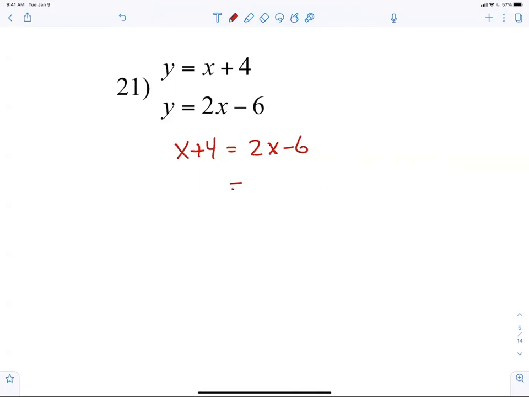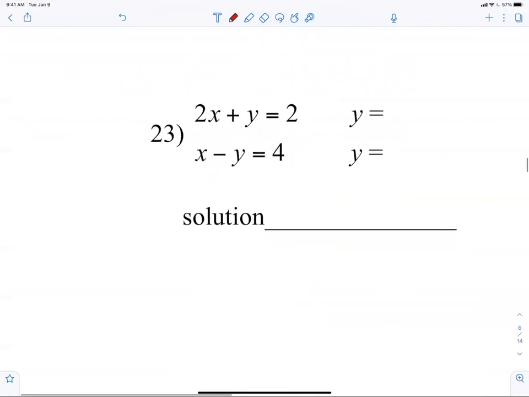Move the constant to the left. So what am I left with? 10 equals x. Very good. Finally getting good at it. x equals 10. So then y would equal what? 14. There's no work in that. You just said 10 plus 4, 14. Solution, 10 comma 14.